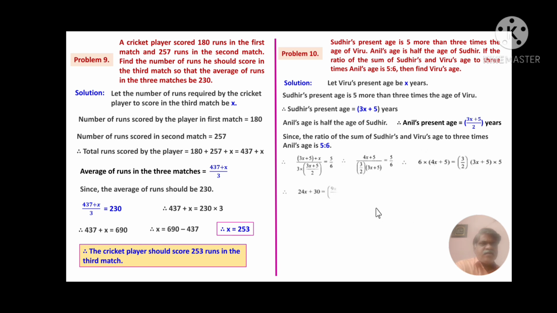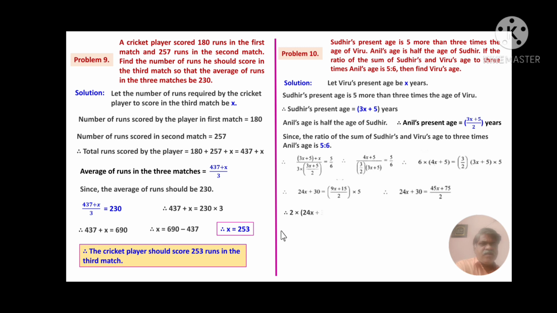So friends, here we will get that simplify to the left hand side. 24x plus 30 will be equal to this (9x plus 15) upon 2 into 5. So 24x plus 30 is equal to, this much simplify to the right hand side, (45x plus 75) upon 2.